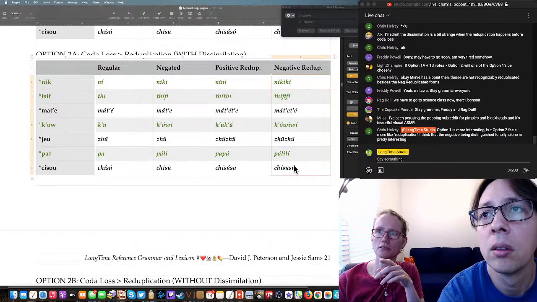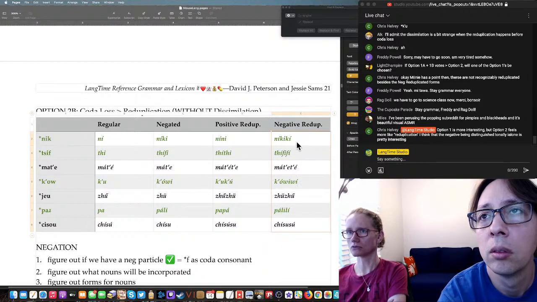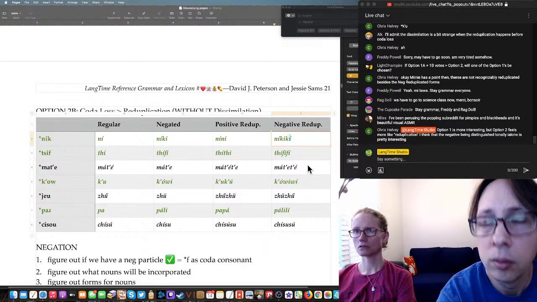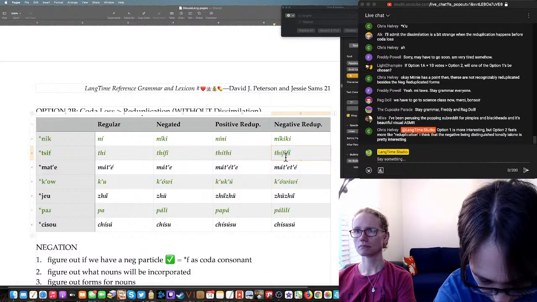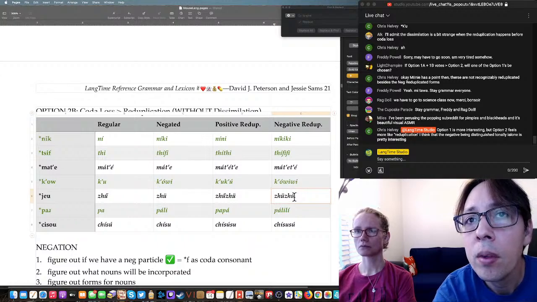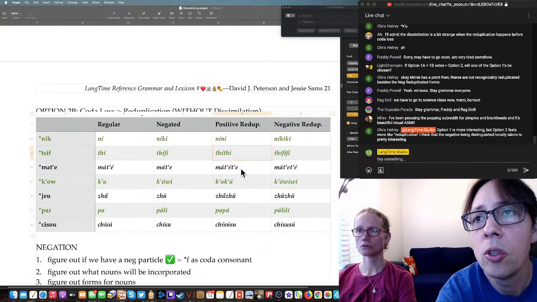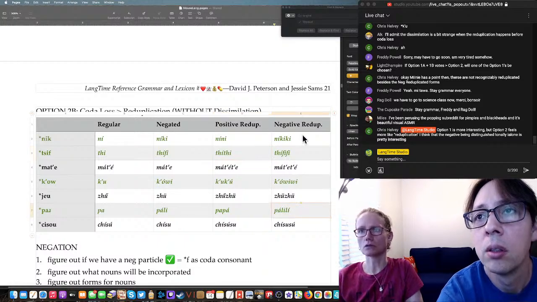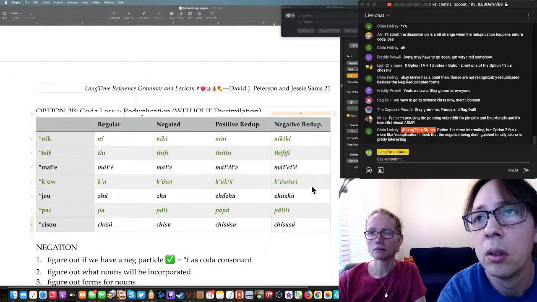And then just fix the green ones by changing the last tone. This too. Good call. Same with mate. All of them need to be fixed, really.